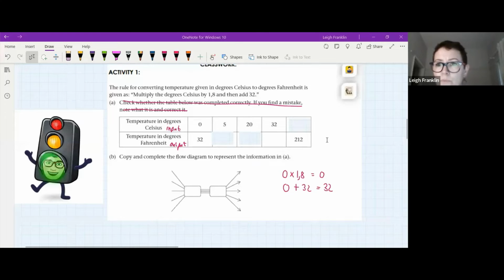Ma'am, for the last one, do we use inverse operation? You're going to have to use inverse operations. And even if you get it wrong, it doesn't matter. I'll go through it with you. I just wanted to give you something a little bit more challenging to do. Yes, ma'am. Okay. So you're going to try those. And when you're finished, you say done in the chat.